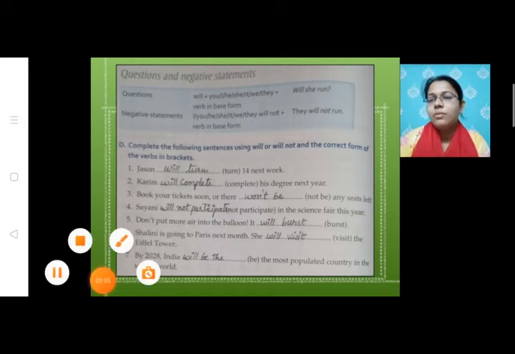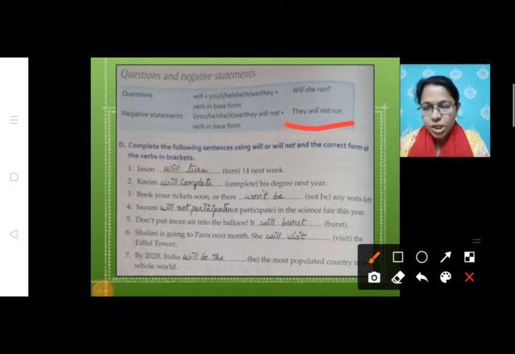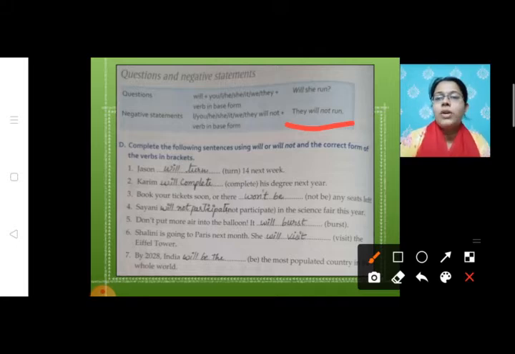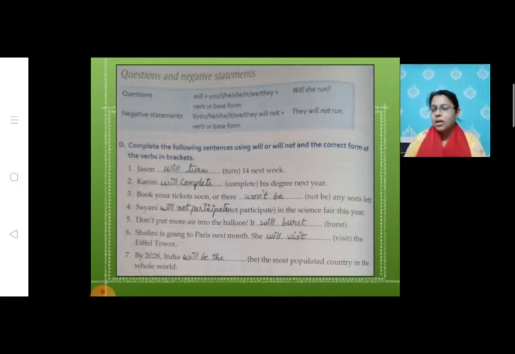So here they is the subject who is carrying out the action, they are running, and here we are making a negative statement, so we have used will not, or instead of will not you can write won't. So students, I hope that you are clear with the formation of questions and negative statements using the word will, which represents future tense. So let's move on towards exercise D.